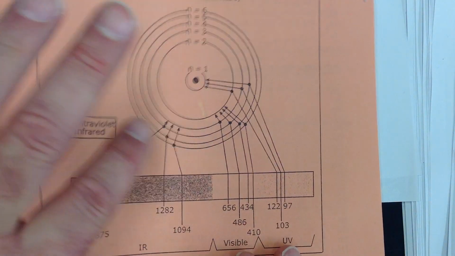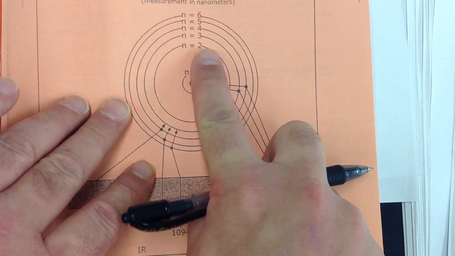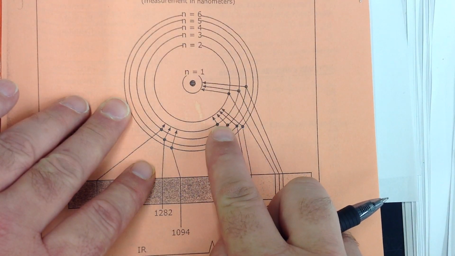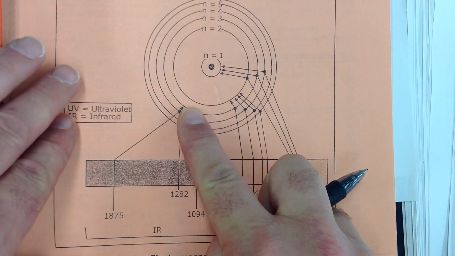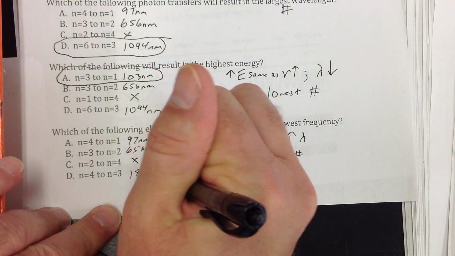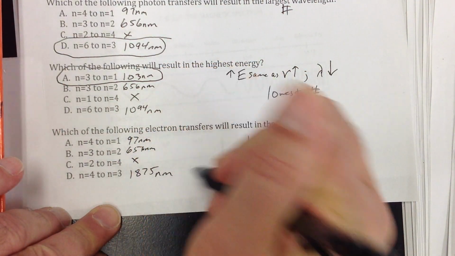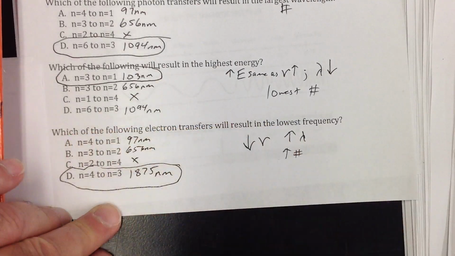So 4 to 3 is way over here, 1875. So we're looking for the highest number, and that is by far the highest number.